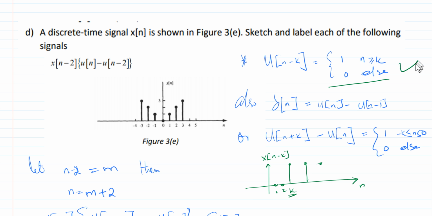Having remembered that, we also remember this function, which is a relationship between the unit step function and the impulse sequence delta of n. But you're not going to use this much.